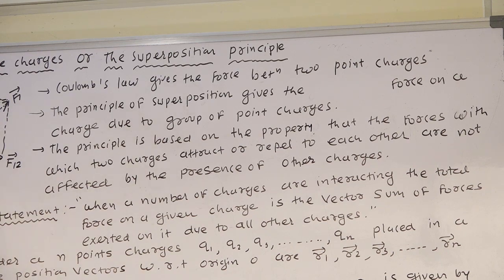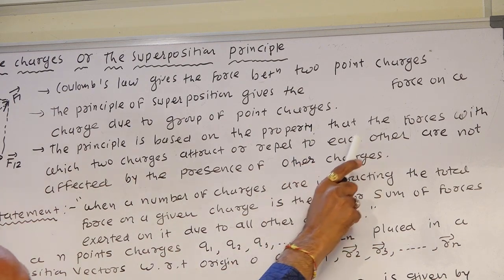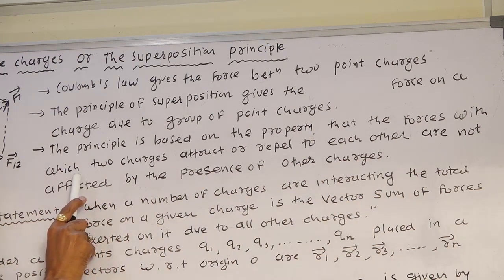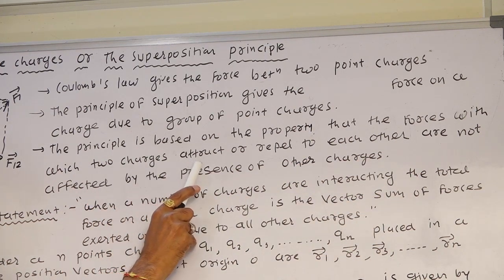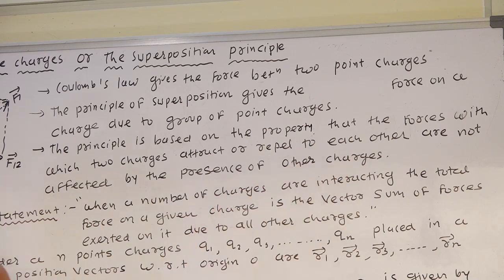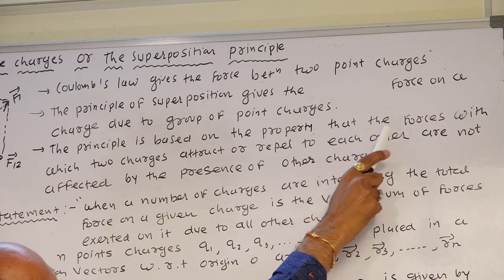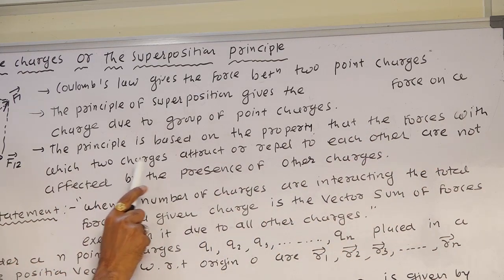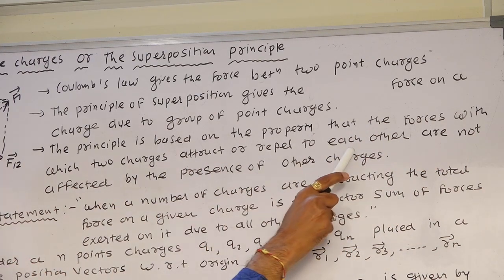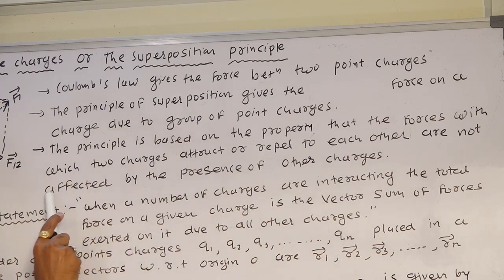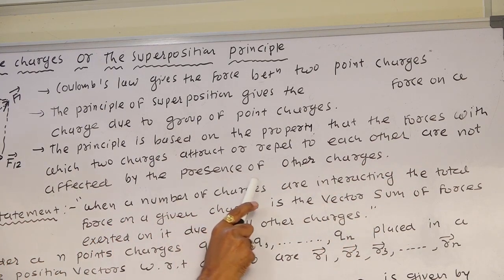Okay, so now the next statement. The principle is based on one of the properties: the force with which two charges attract or repel each other is not affected by the presence of other charges.